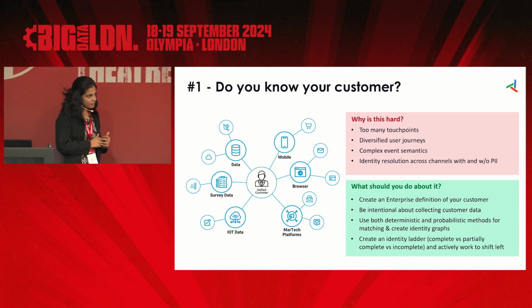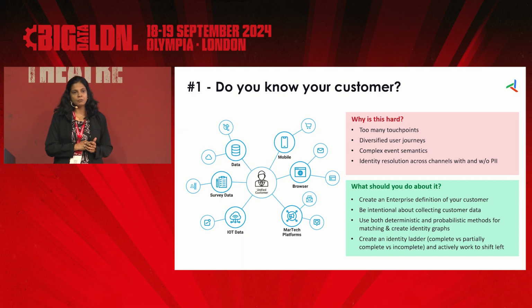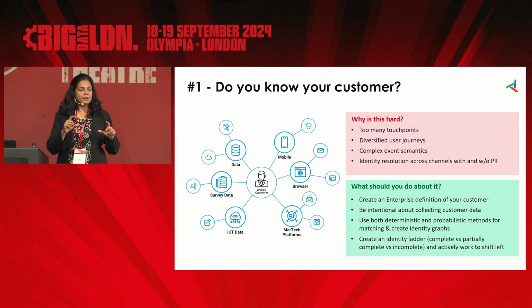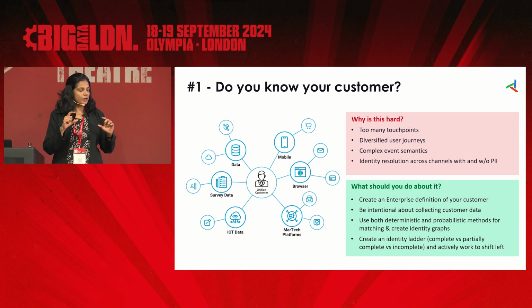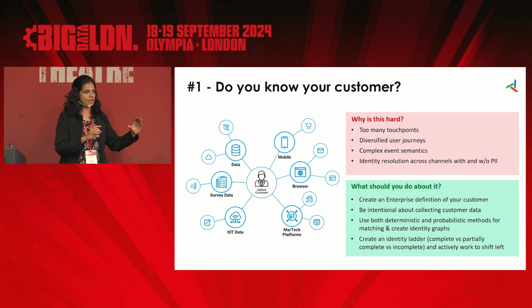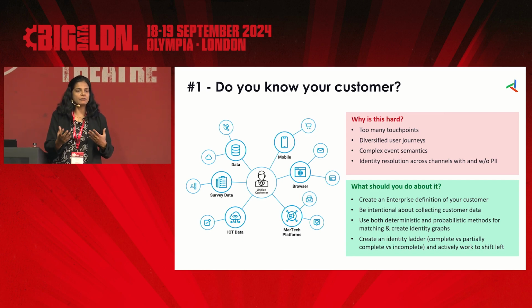So I think the first thing that we advise customers when we help them on CDP journeys is how do you create that enterprise definition, right? First, it's about defining who your customer is across your various channels. For example, your contact center talks to your customer, your website relays some information to your customer, your social channels relay something to your customer, right?